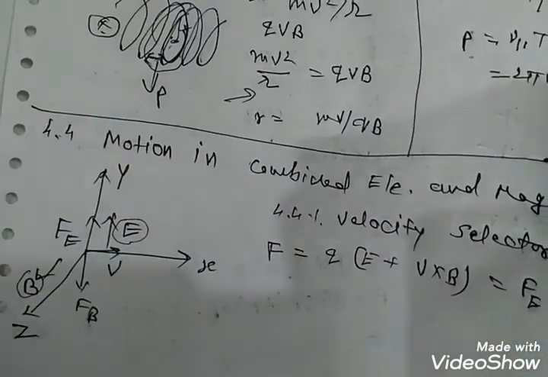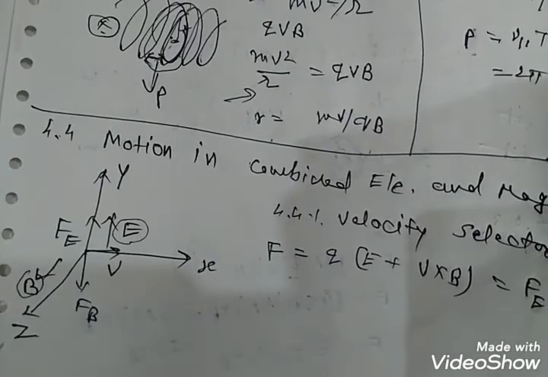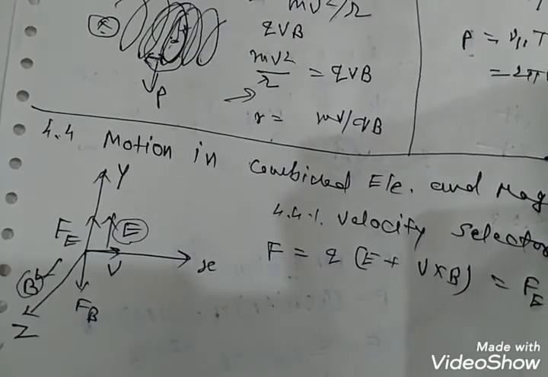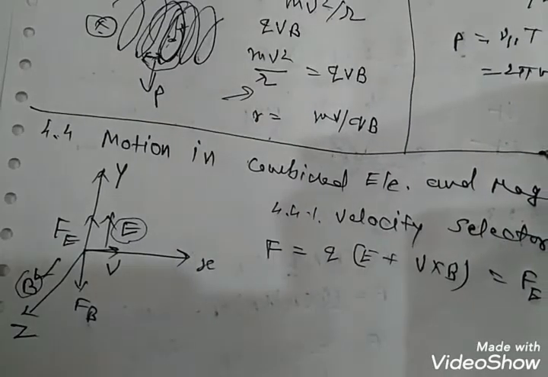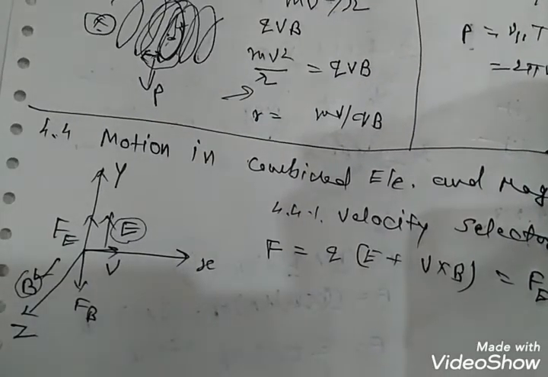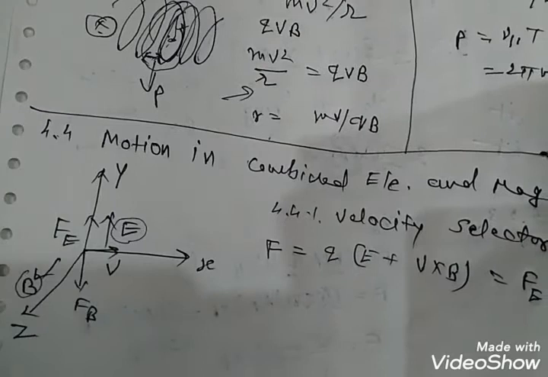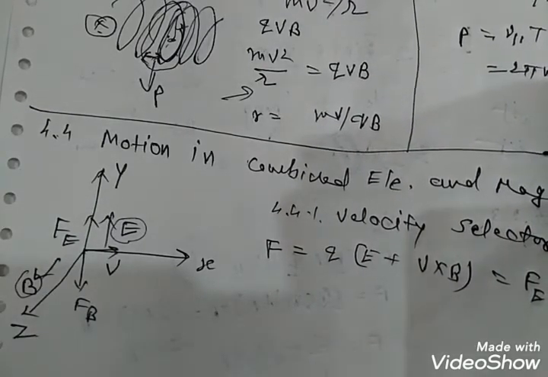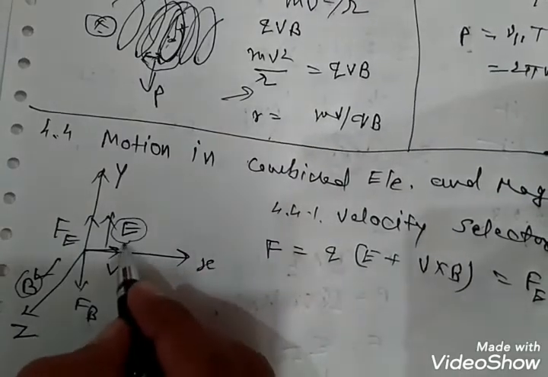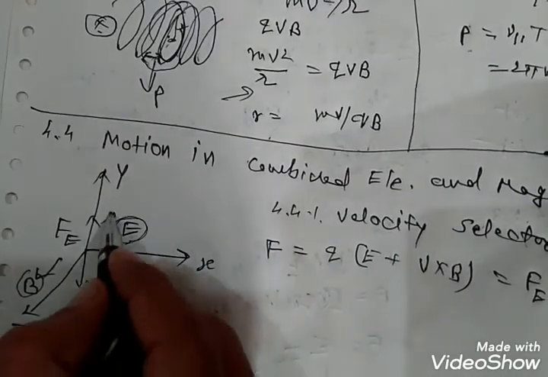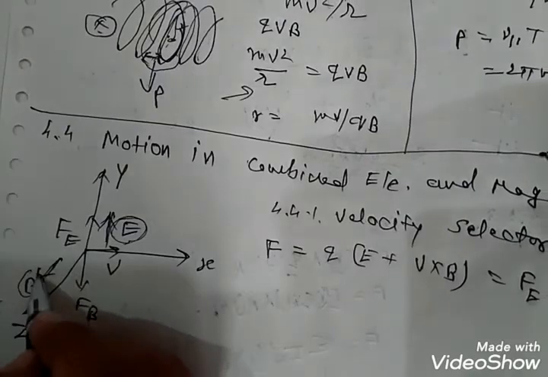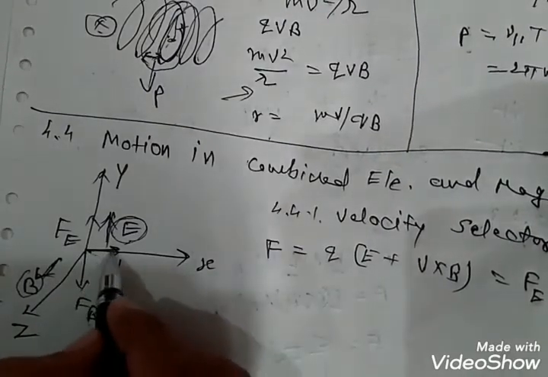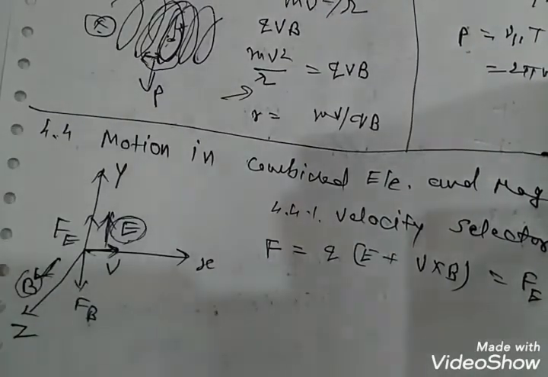We shall consider the simple case in which the electric field and magnetic field are perpendicular to each other and also perpendicular to the velocity of the particle. Here the electric field direction is y, the magnetic field direction is z, and the velocity of the particle is in the x direction.